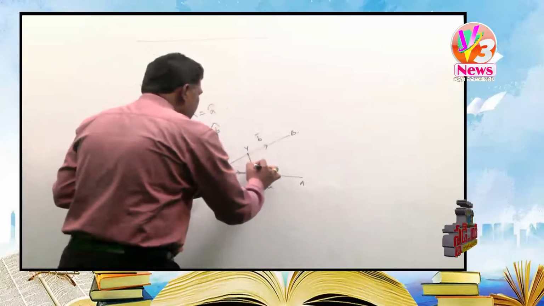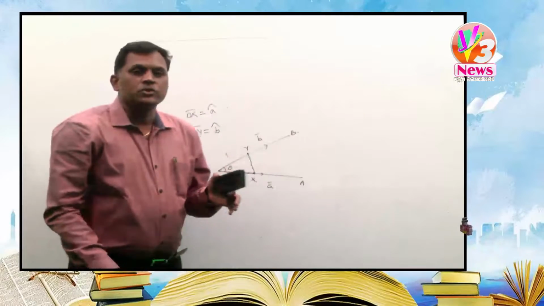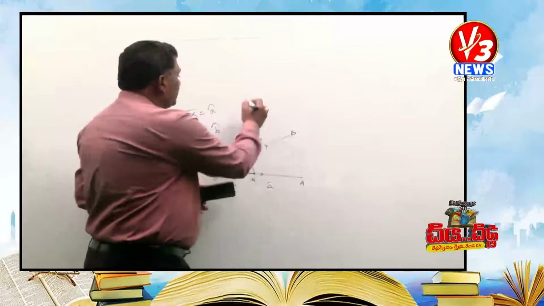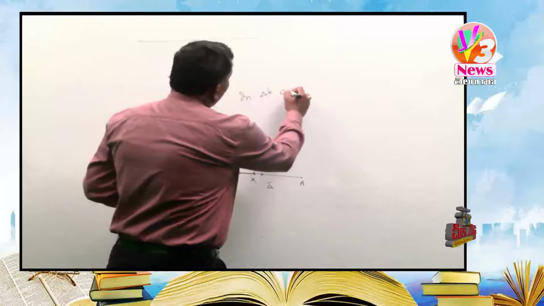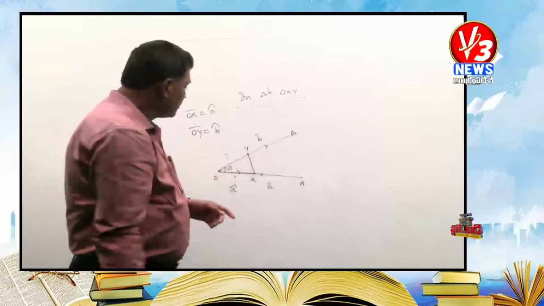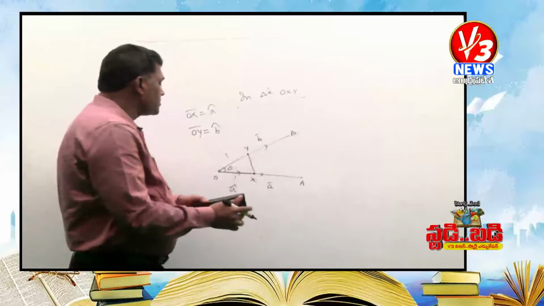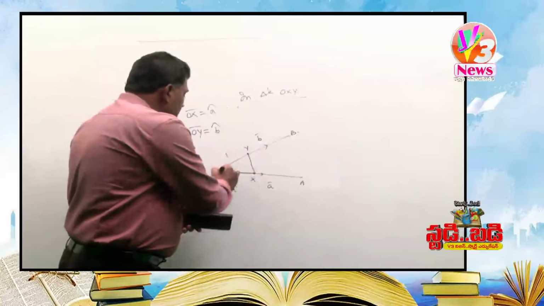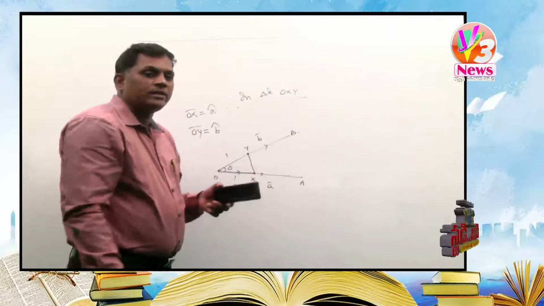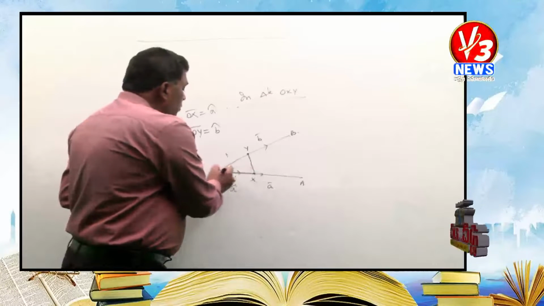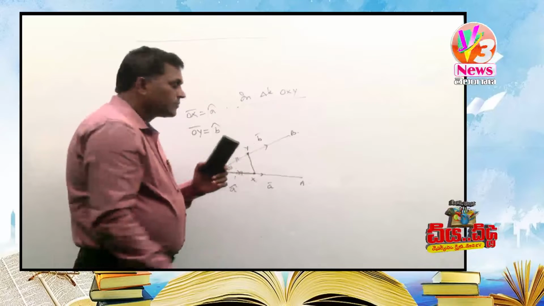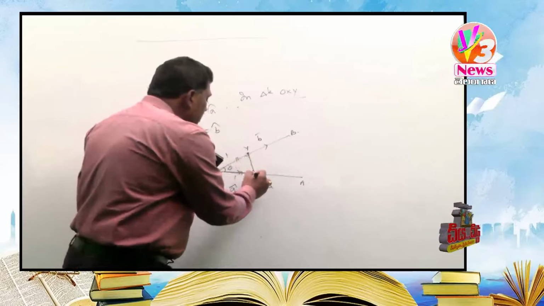Now join X and Y. In triangle OXY, try to recollect what type of triangle this is. In triangle OXY, the lengths OX and OY are both equal to 1. So clearly it is an isosceles triangle with OX and OY equal. If these two sides are equal, then these two angles are also equal.